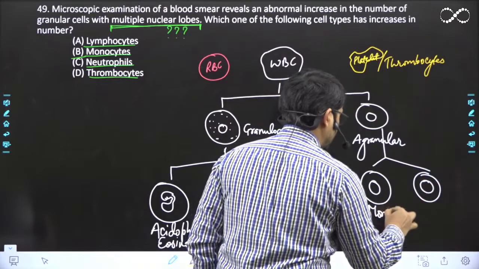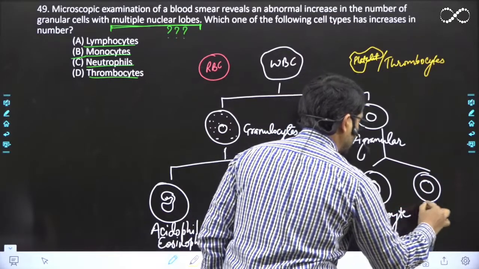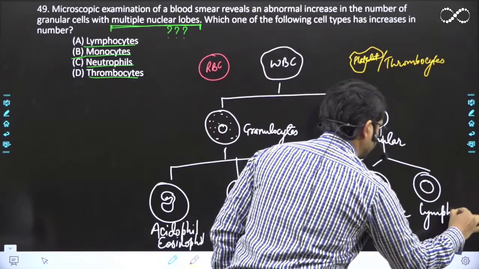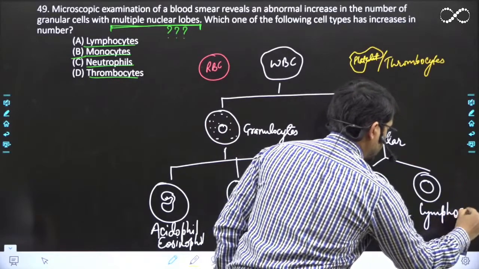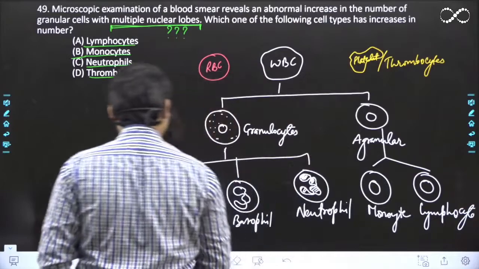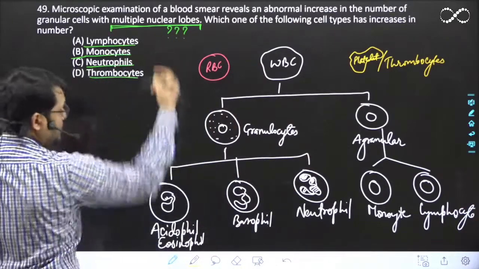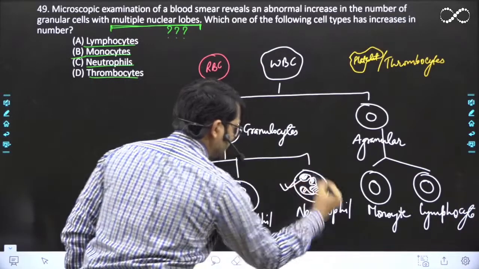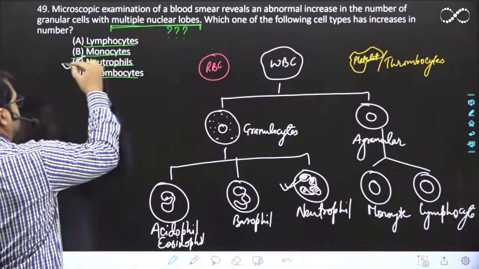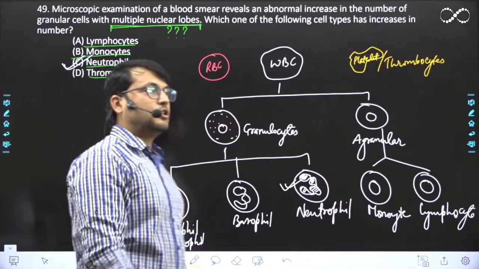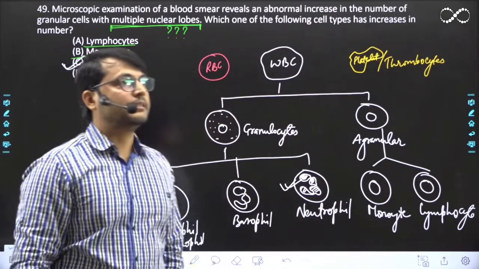So this is monocyte and this is lymphocyte. Now the answer is clear, right? Multiple nuclear lobes, where do you find? In case of neutrophils. The correct answer is neutrophils, not B. Great.